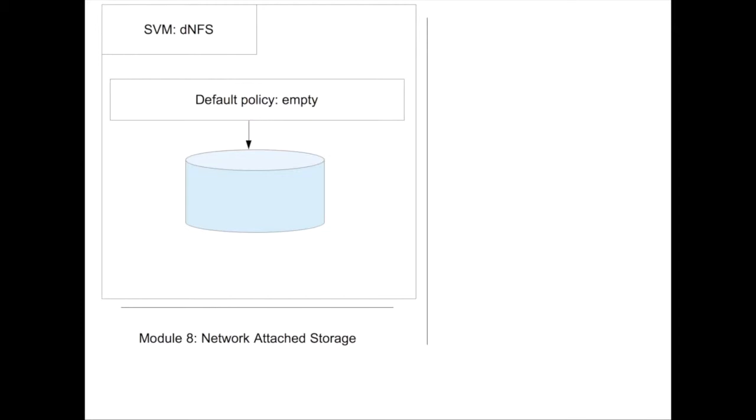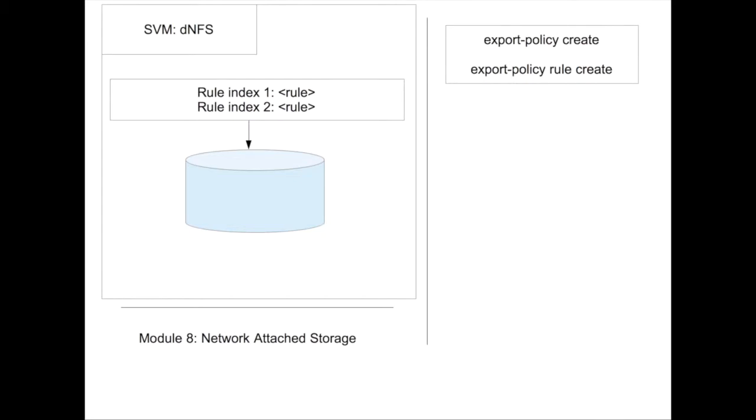So when you want to add rules to the policy, it is important to realize that the rules are read in a sequential manner. That means if you open up your volume to the entire subnet or to the entire world even, then adding subsequent rules for specific IP addresses would not be very useful because every IP address, so every client, matches the first rule.